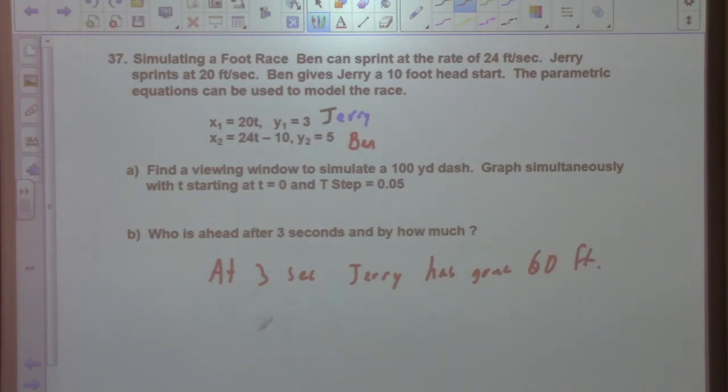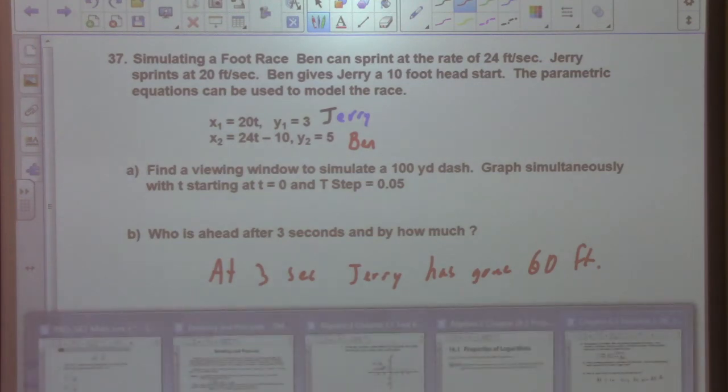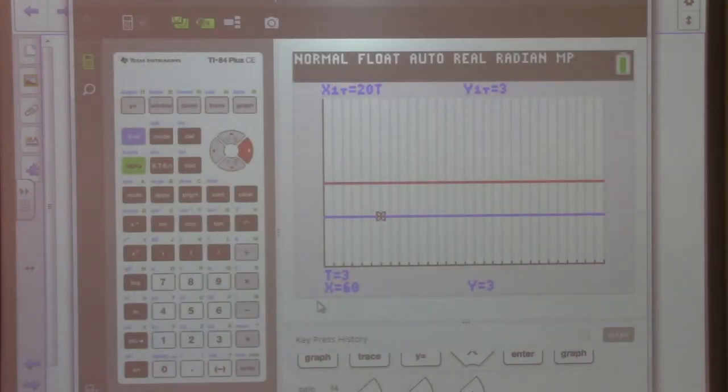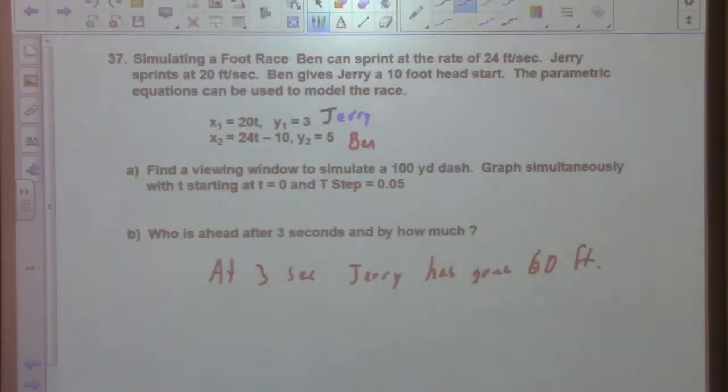Okay, how do we get to Ben? You have an idea how to get to Ben? Trace. So what we do is put the up arrow, right? And so here we are, same time, but what is the distance? 62 feet, right? Yeah.